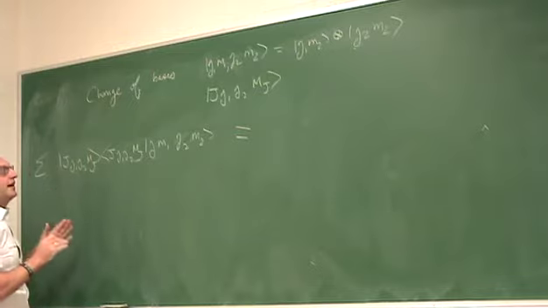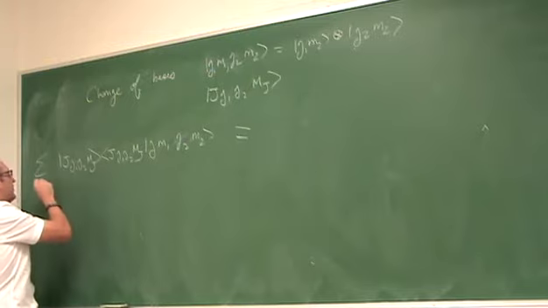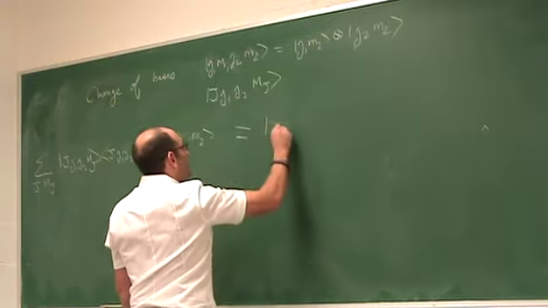And for a fixed little j, I have to sum here over J, mJ.